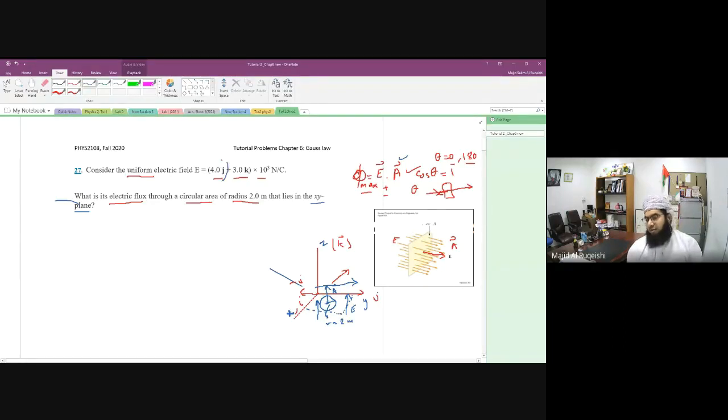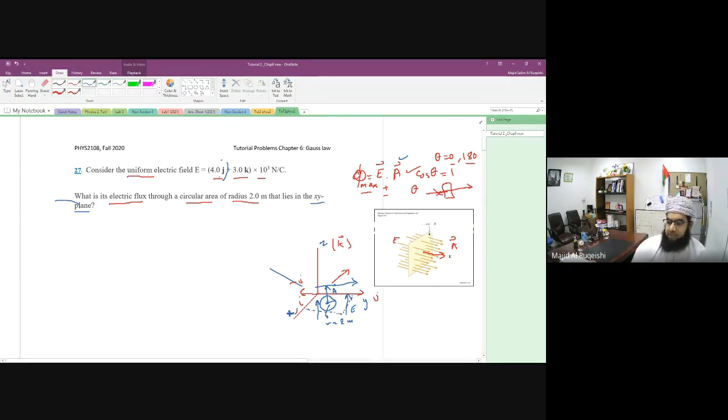So all of these lines, we drew one, but we can draw many of them. Most of these lines just go parallel to the surface, so they will not penetrate the surface. They go only parallel to the surface, and the angle here will be 90, and cosine 90 is 0. In this case, we are taking only the second part.